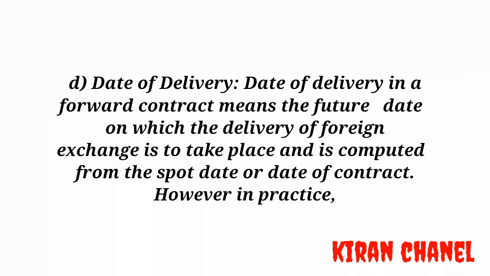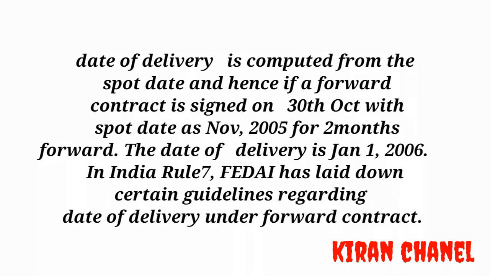Date of delivery in a forward contract means the future date on which the delivery of foreign exchange is to take place, computed from the spot date or date of contract. However, in practice, the date of delivery is computed from the spot date, and hence if a forward contract is signed on 30th October with spot date as November 2005 for two months forward.